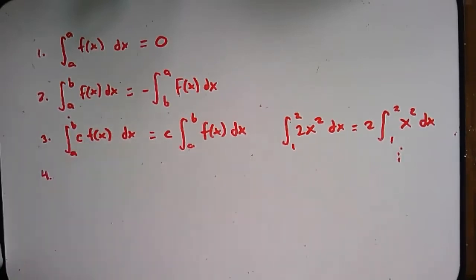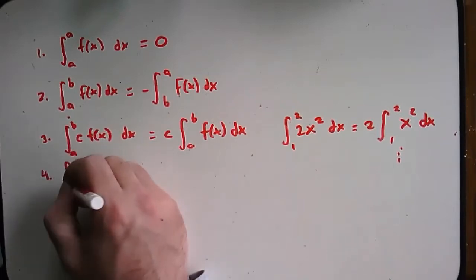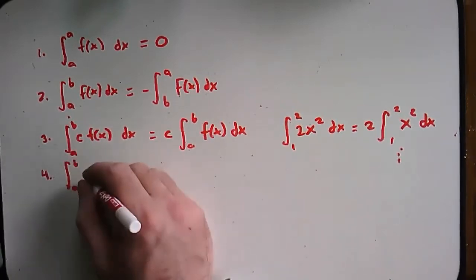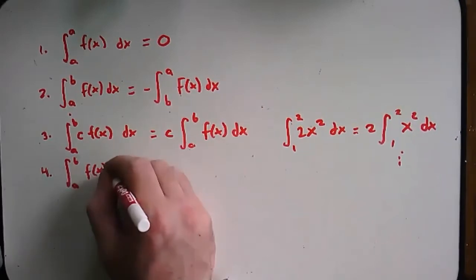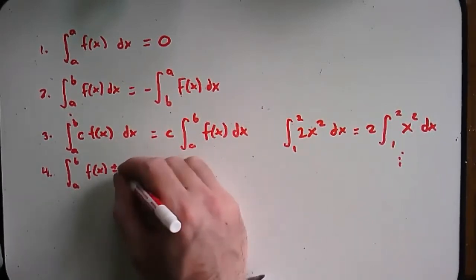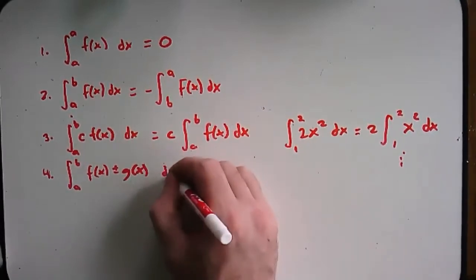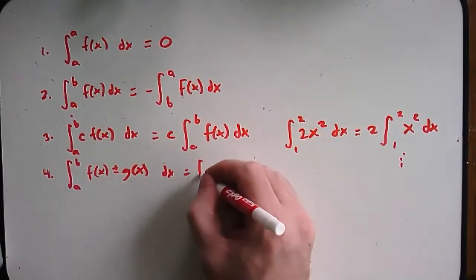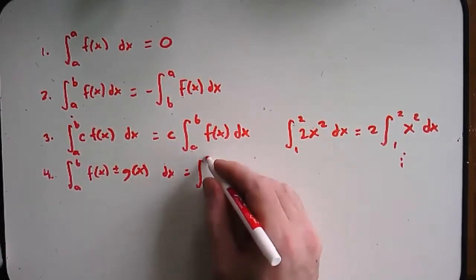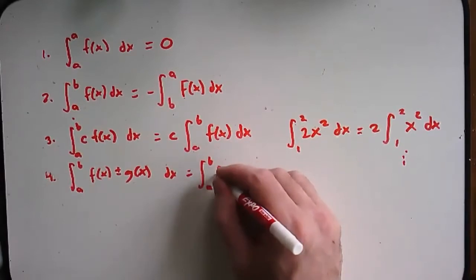So property 4 says that we can add and subtract definite integrals. So if we have 2 or more functions linked by addition and subtraction, we can split those into individual definite integrals.